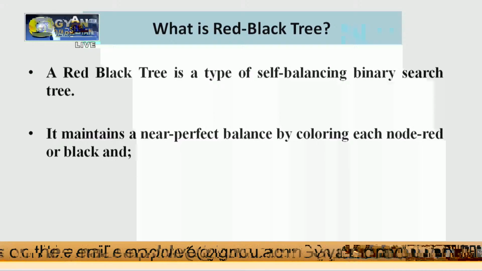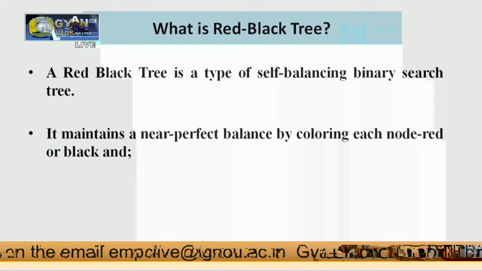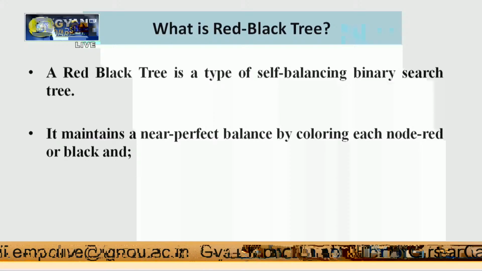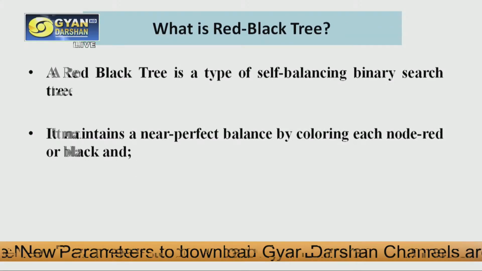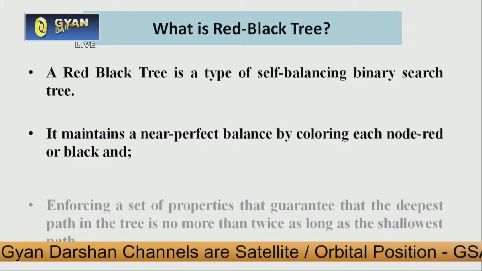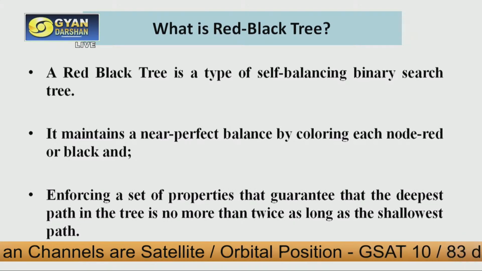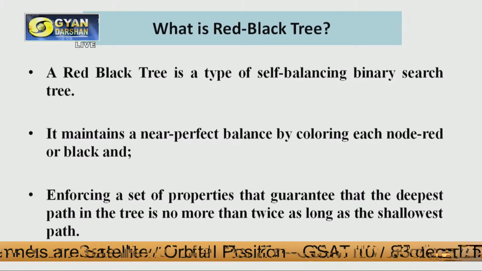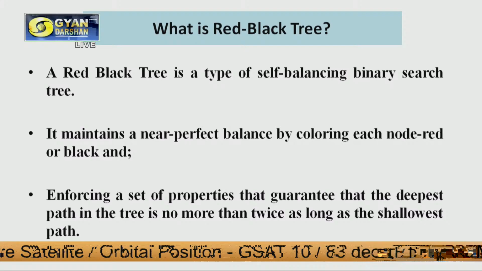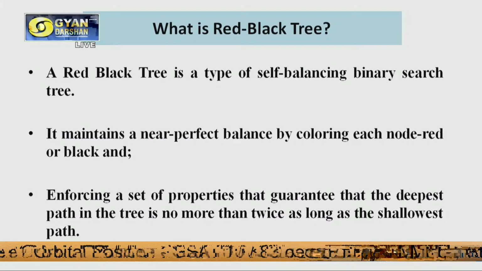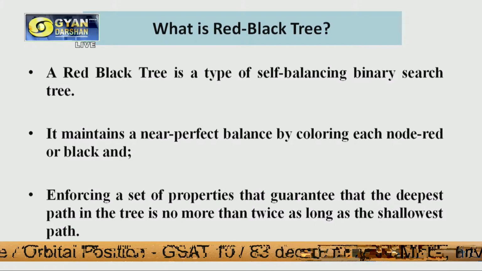It is called a red black tree because all its nodes are either red or black, and they are also nearly balanced. Nearly balanced means that the difference between the smallest and the biggest path from root to leaf may not be more than twice.